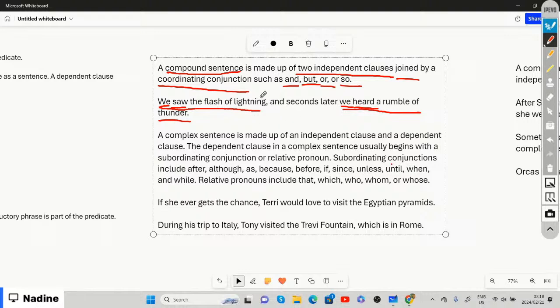But in order to join those two sentences, we have the coordinating conjunction, which is and. So and is our coordinating conjunction that's joining these two independent clauses, and we call that a compound sentence. A compound sentence is made up of two independent clauses joined by a coordinating conjunction, which is either and, but, or so.